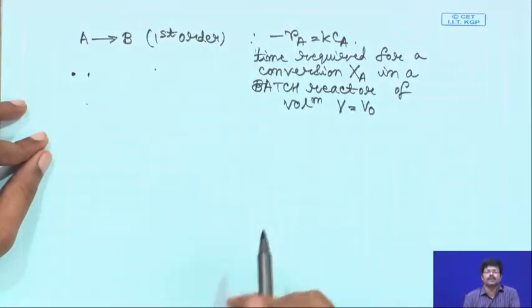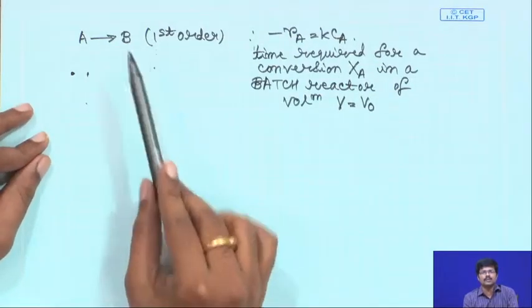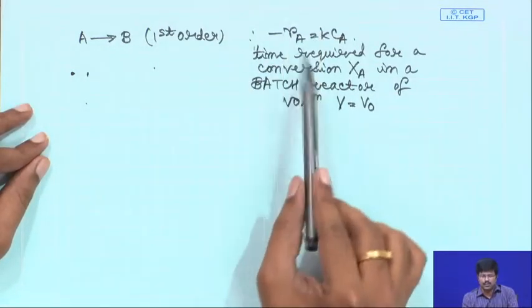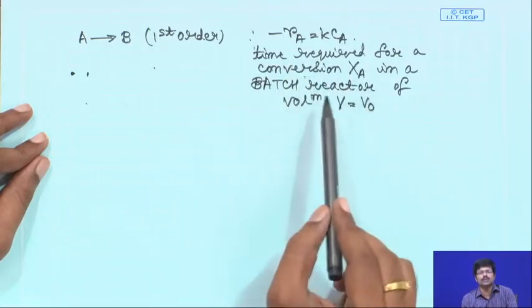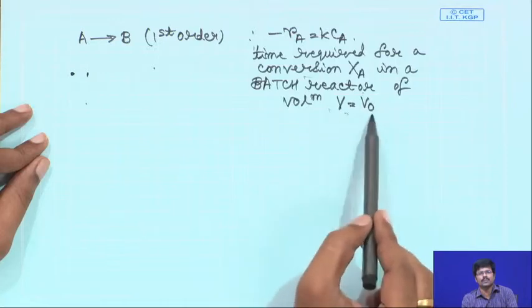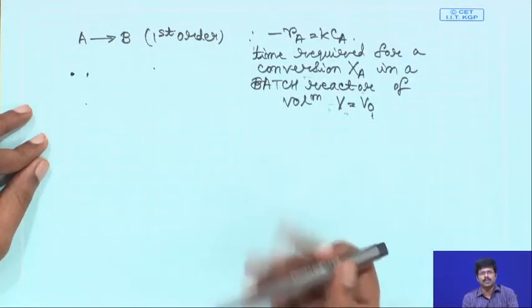This is the problem. So, we have been given this reaction, this is the rate law. So, the question is what is the time required for a specific conversion in this batch reactor of volume V equals V naught.